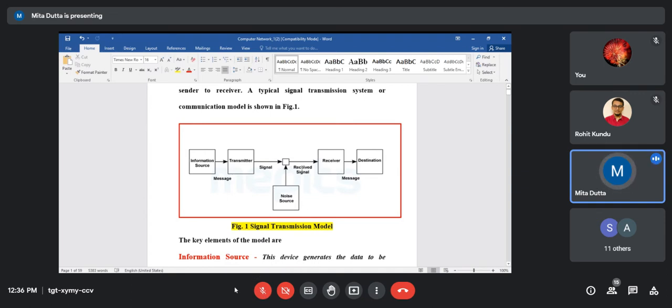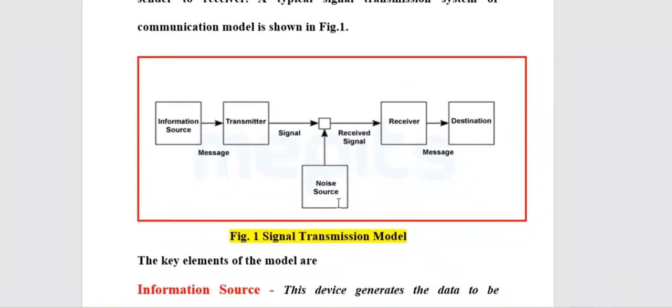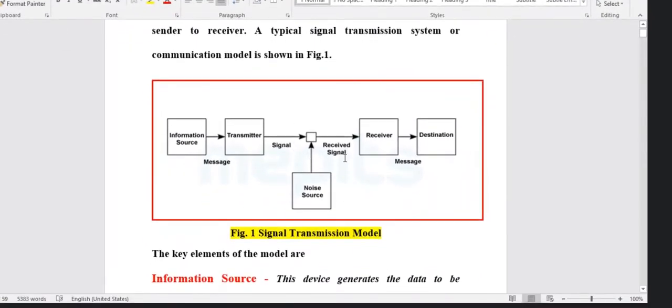Now, when the signal is passed through a channel, noise is included in the signal, and this noise is nothing but an unwanted signal. We cannot eliminate it, but we can minimize it.